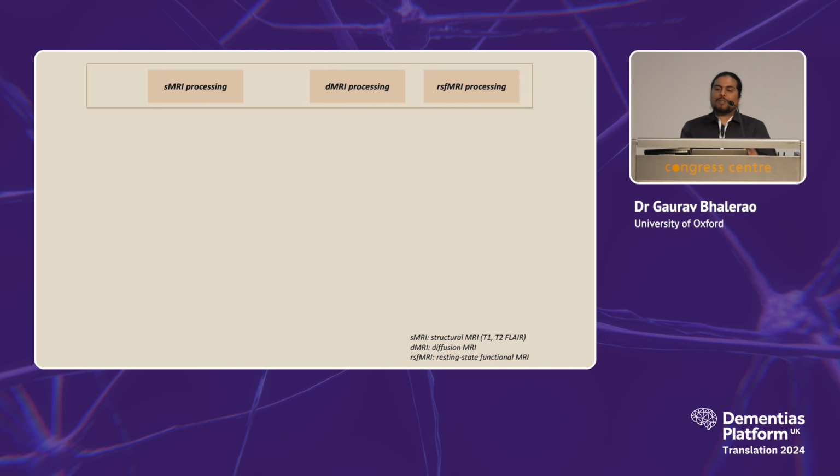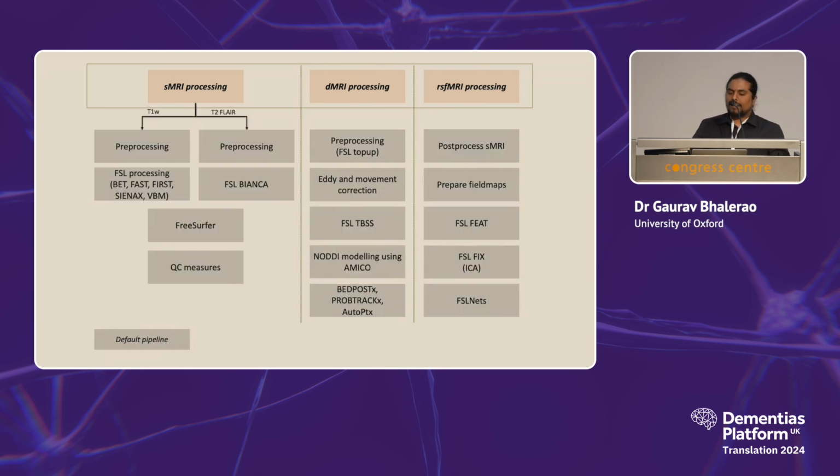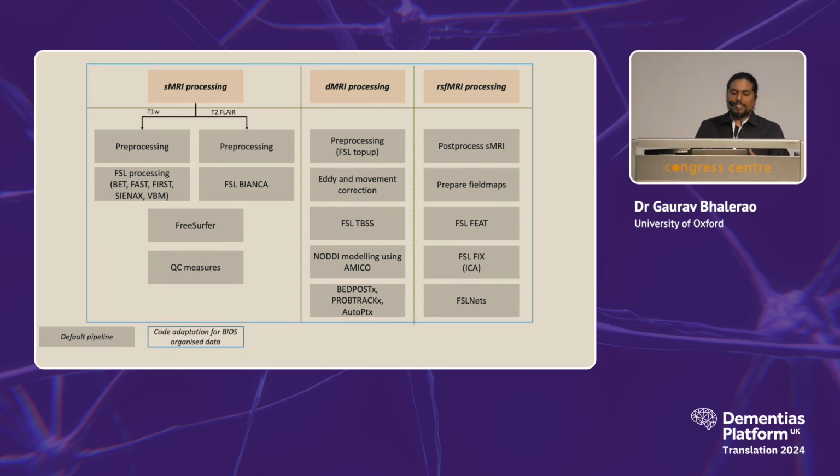So we tried to address all these challenges, and we adapted the UK Biobank pipeline for analyzing structural, diffusion and resting state functional MRI on DPUK cohorts. These are the default steps that the pipeline uses to analyze these different modalities. What we did was first modify the entire pipeline to accommodate the file naming structure for DPUK datasets on the data portal.